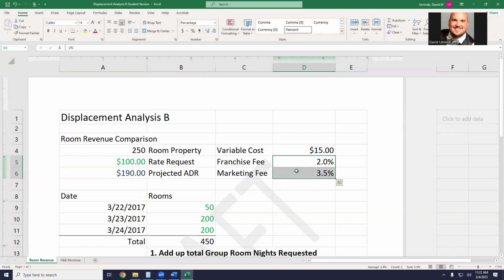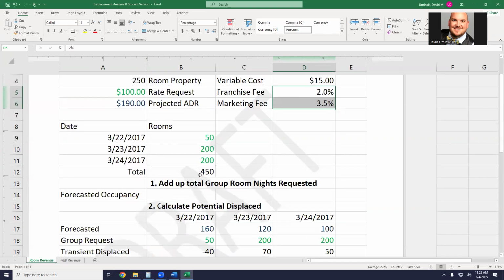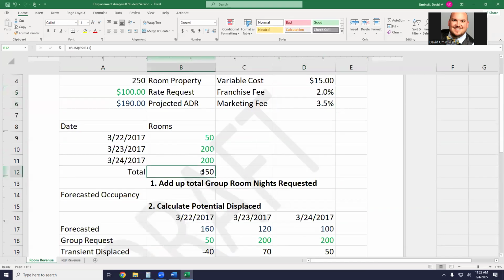We figured out we have 450 total rooms that the group is requesting. So that's step number one, add up the total group nights requested.